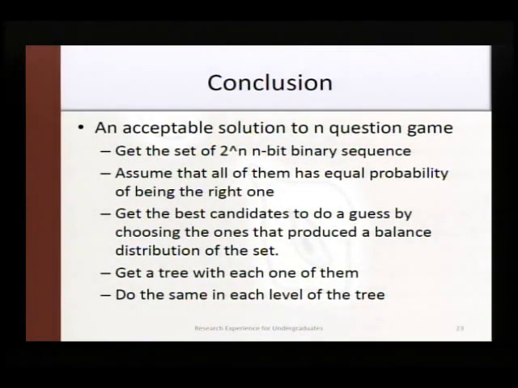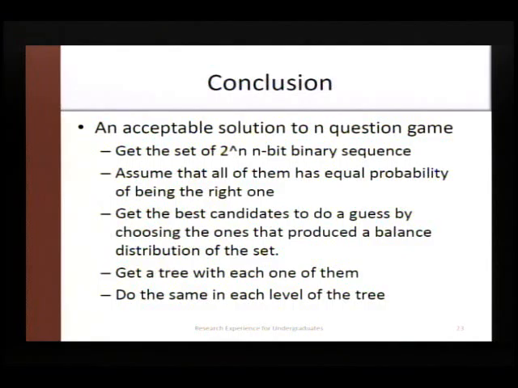So this is how an acceptable solution to n-question games can be reached. First, you get the set of 2 to the n-bit binary sequences. Assume that all of them have equal probability of being the right one. Get the best candidate to do a guess by choosing the ones that produce a balanced distribution of the set.